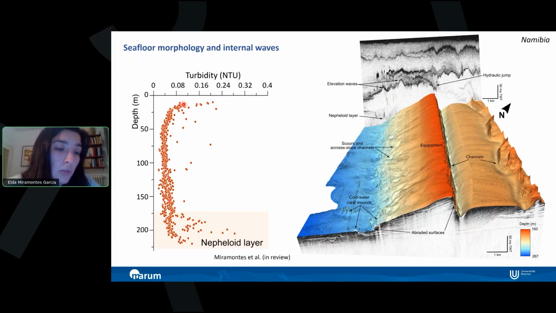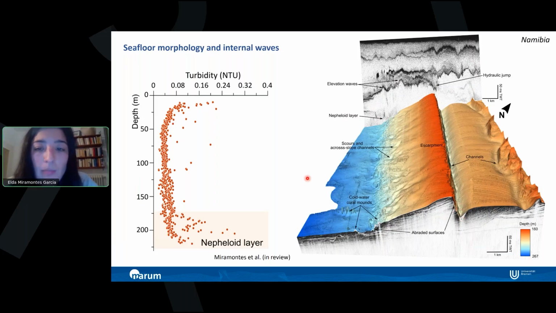We also have some turbidity measurements of the water column, and we can see that in this zone below the escarpment, where we have the coral mounds and these across-slope moats and channels, is where we also see some nepheloid layers coming out of this region. And you see again in this case the internal waves approaching the escarpment and then breaking here, making a kind of hydraulic jump, and probably this is also enhancing the erosion in this area over time and making this escarpment and channel larger and larger.